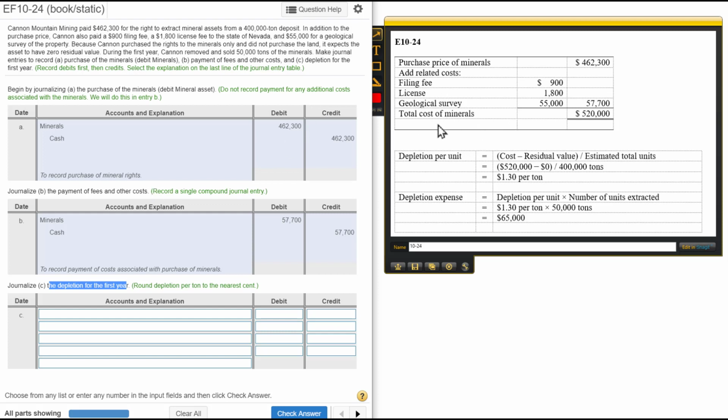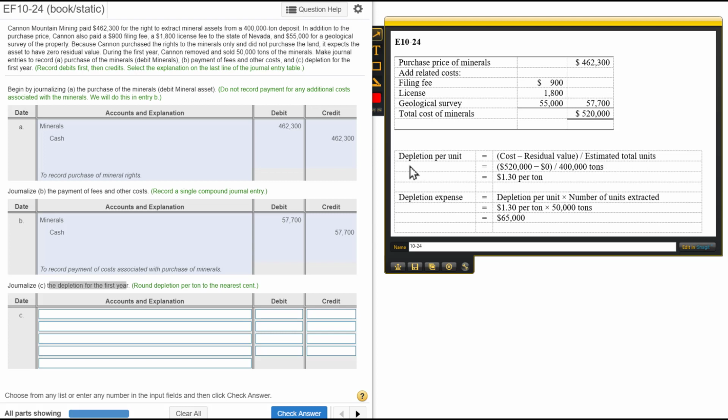So over here I have the depletion per unit. We're going to use this method of calculating depletion, which means basically the more we extract from the mineral asset, the higher the depletion will be. So the way we do that is we take the cost of the asset minus the residual value divided by how many units we think we can extract out of that.